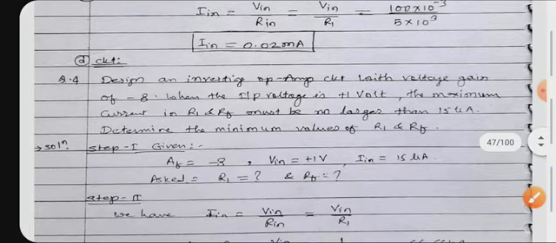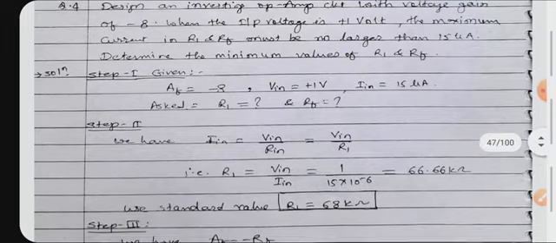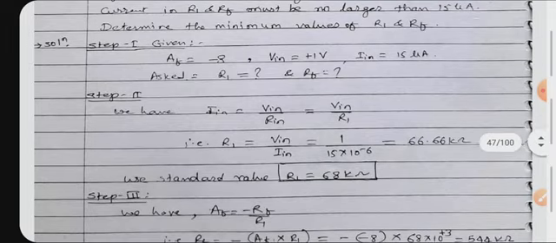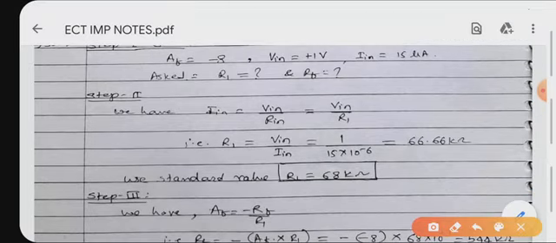Next, design an inverting op-amp circuit with voltage gain of minus 8. When the input voltage is 1 volt, the maximum current in R1 and RF must be no more than 15 microampere. Determine the minimum value of R1 and RF. So step 1, write down what is given. What is asked? It is asked to calculate the values of R1 and RF.